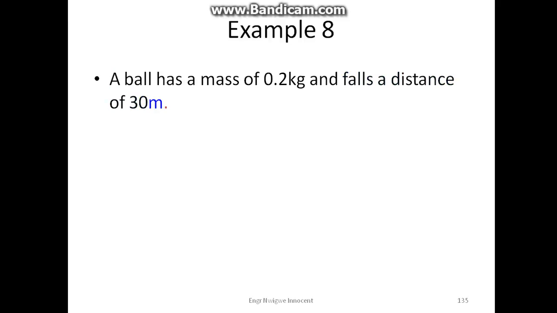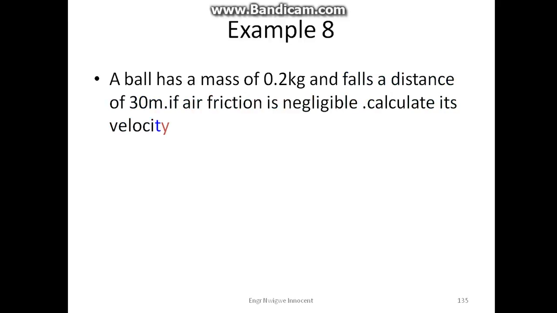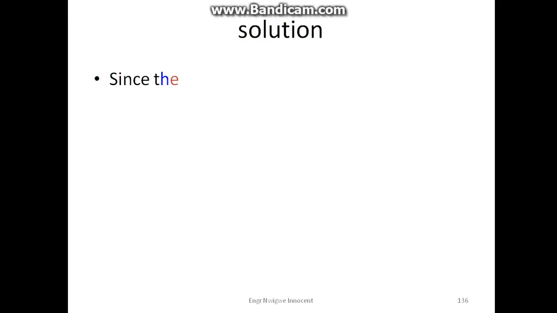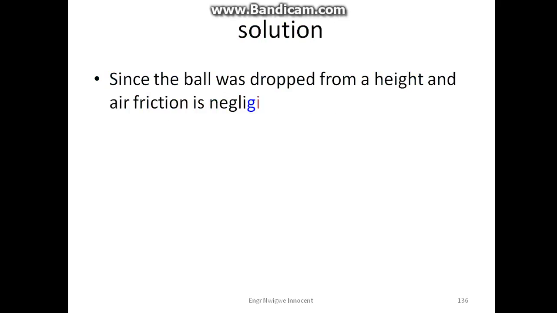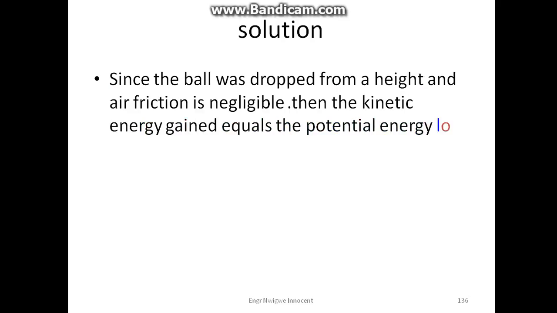Example 8. A ball has a mass of 0.2 kg and falls a distance of 30 meters. If air friction is negligible, calculate its velocity. Solution. Since the ball was dropped from a height and air friction is negligible, then kinetic energy gained equals the potential energy lost.